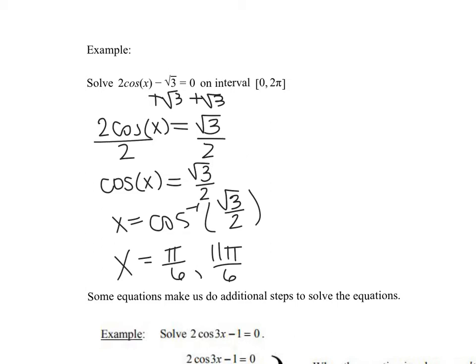And again, because we're only looking on the interval 0 to 2 pi, we don't need to have that plus 2 pi k. If you wanted to list the answer in terms of degrees, pi over 6 is 30 degrees and 11 pi over 6 is 330 degrees. So we could also list our solution in degrees.